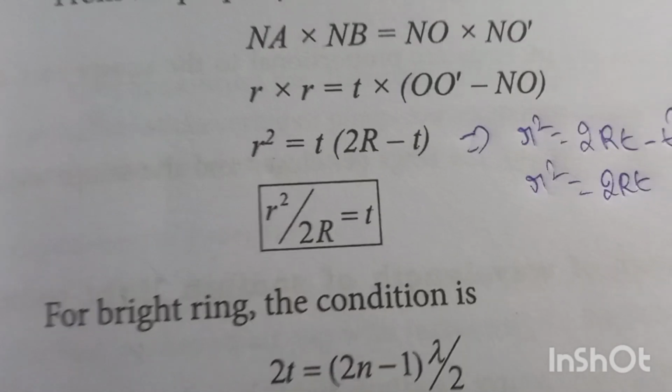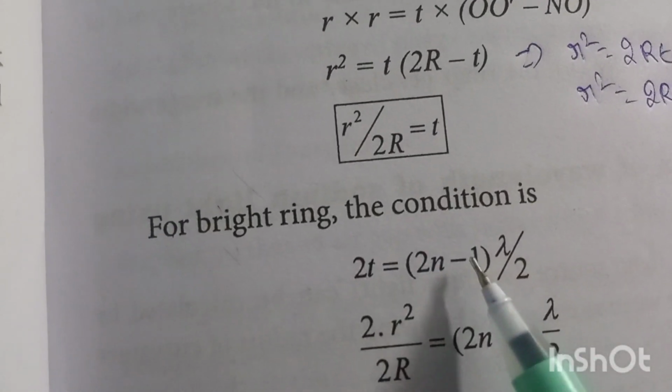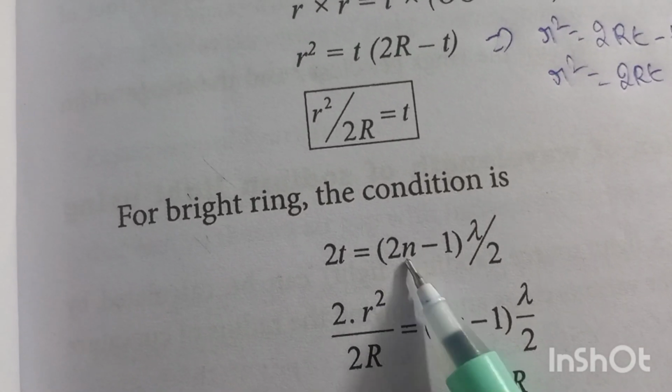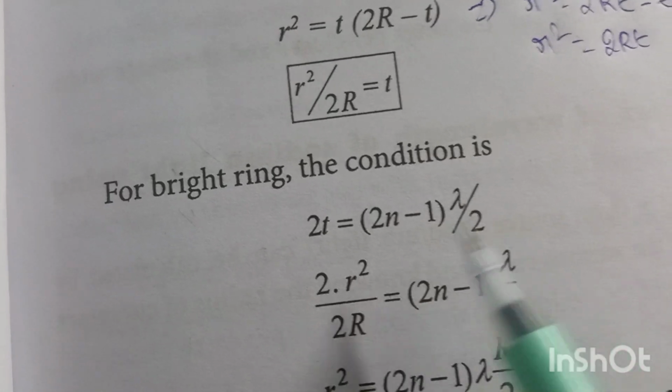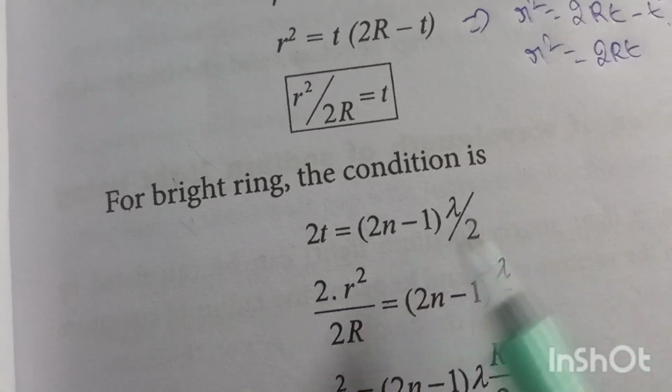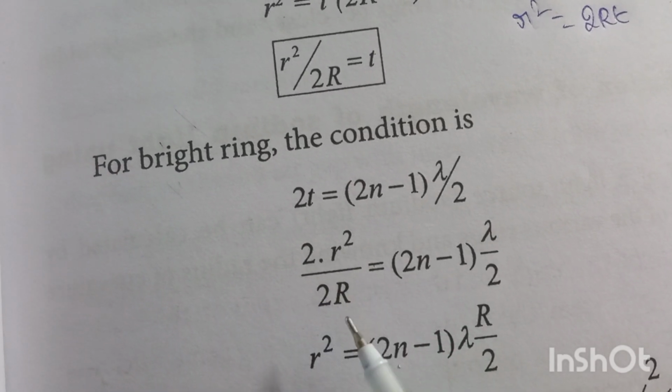Now previously we have solved that for a bright ring the condition is 2t is equal to (2n minus 1) into lambda by 2, by using the formation of the rings. So this is the condition for the bright ring. Here we can substitute the t value, r square by 2R.